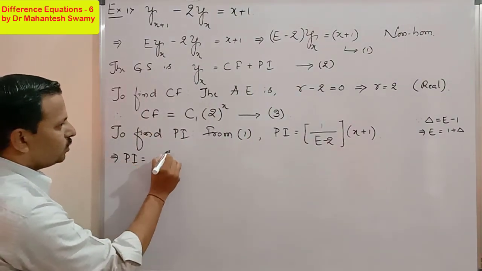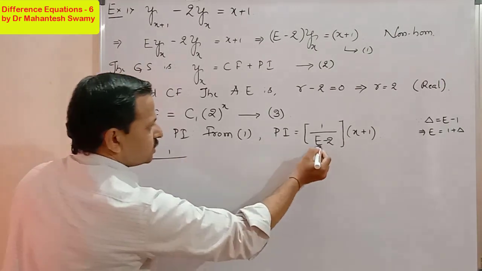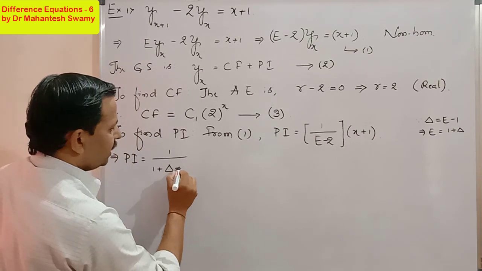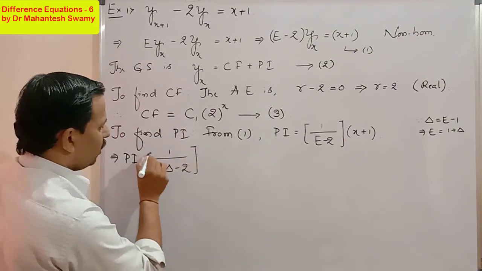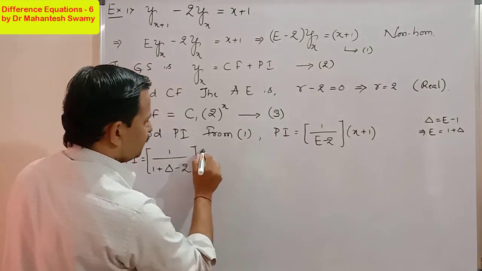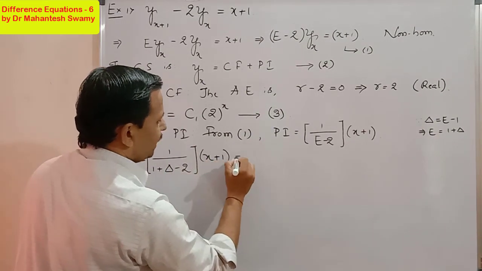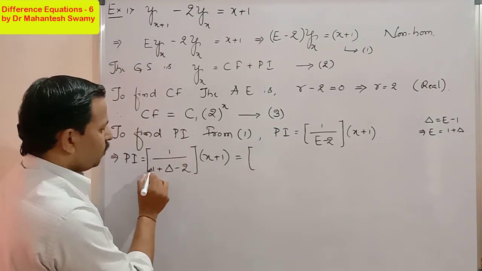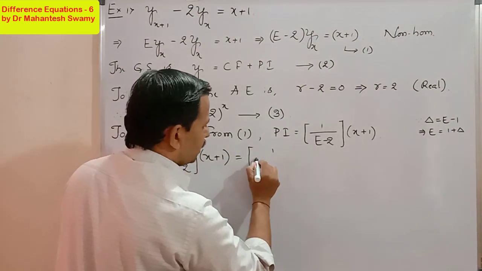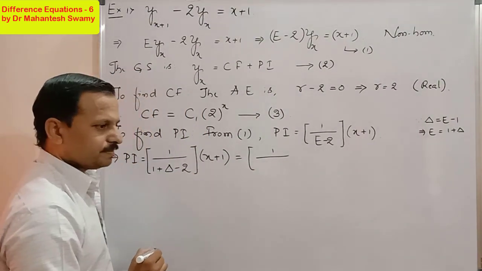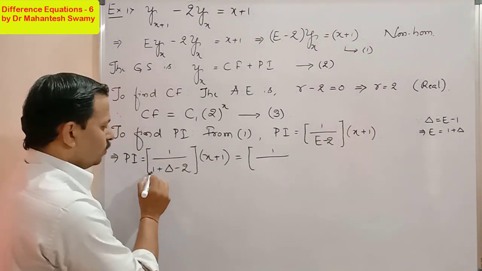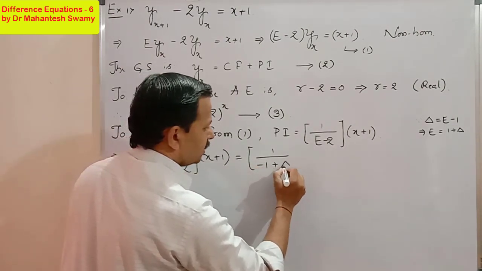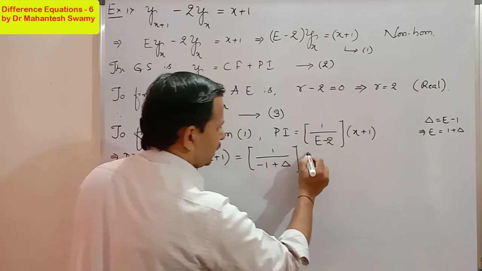Particular integral is equal to 1 divided by (1 + Δ) in place of E, minus 2 as it is, operated on x + 1. So that is equal to 1 divided by (1 - 2 becomes -1) plus Δ as it is, operated on x + 1 keeping as it is.